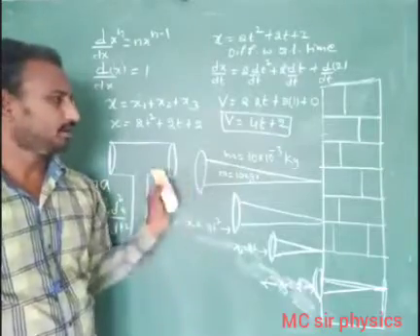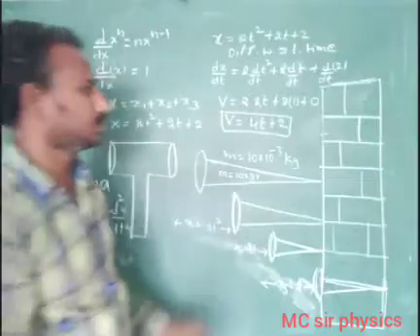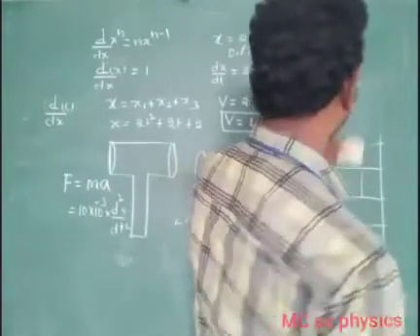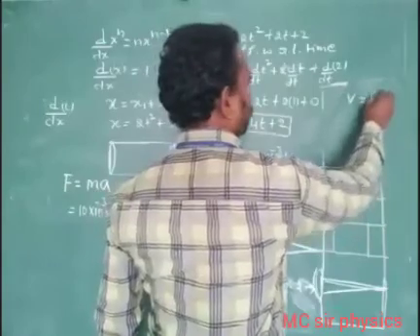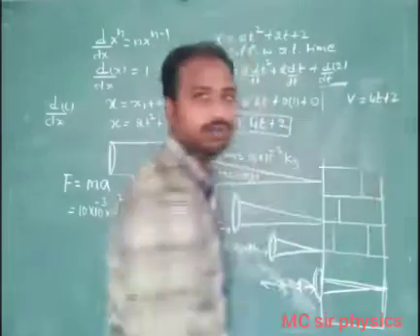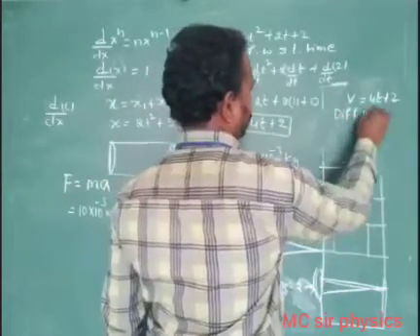We want to find this acceleration, so we have to apply differentiation. Differentiate v equals 4t plus 2 with respect to time.